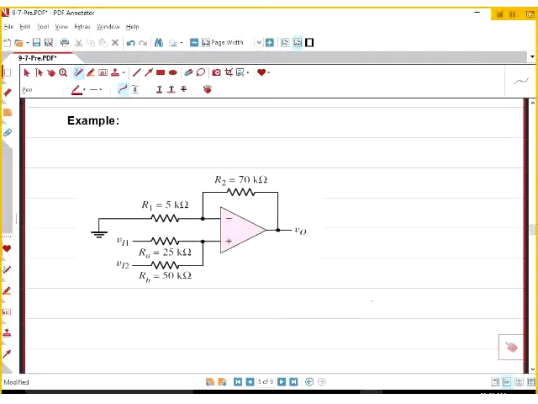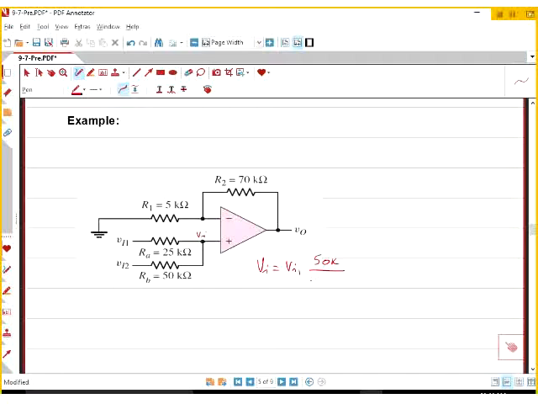So the way to solve the problem is find out what is the voltage here, and all you need to do is the superposition. So first you assume VI2 is 0. Your VI basically is VI1 multiplied by 50K if this part is grounded.